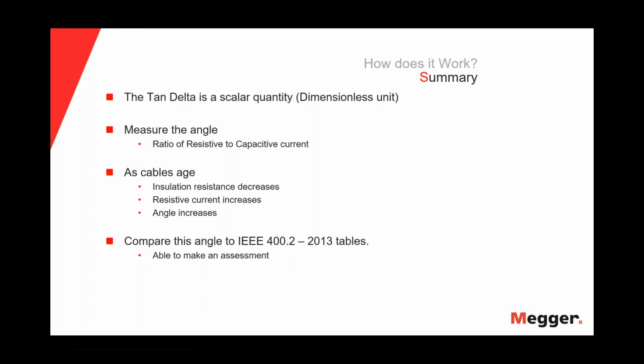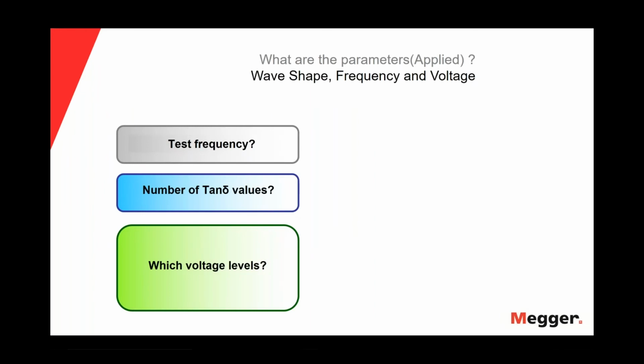As the cable ages, the insulation resistance decreases, the resistive current increases, and the angle increases. And of course, we can compare this angle to the IEEE 400.2, and we'll be able to make an assessment, to make a decision.